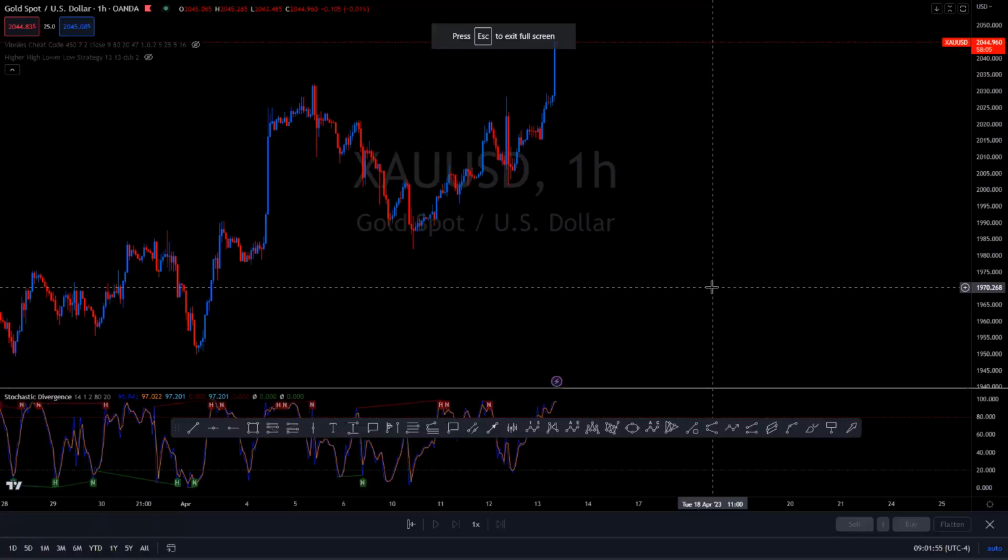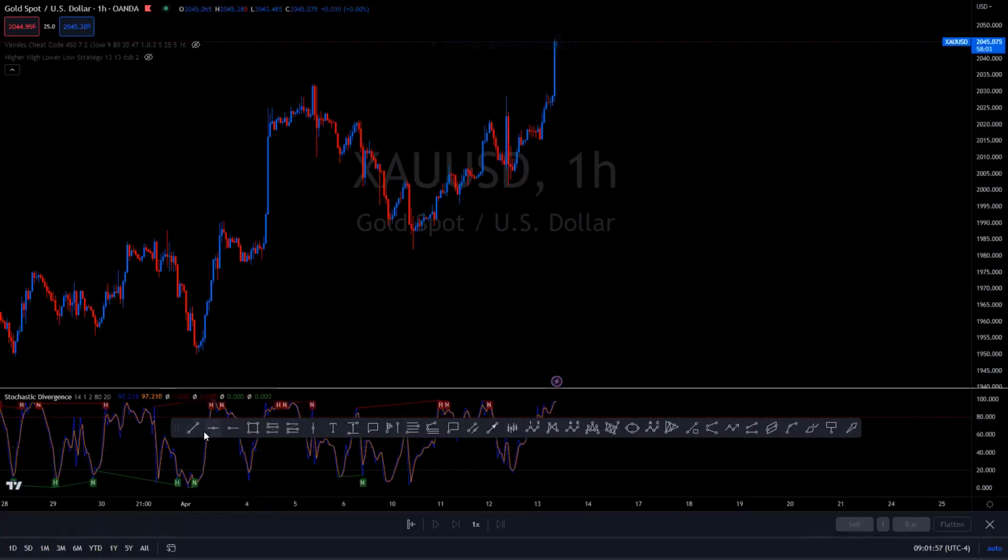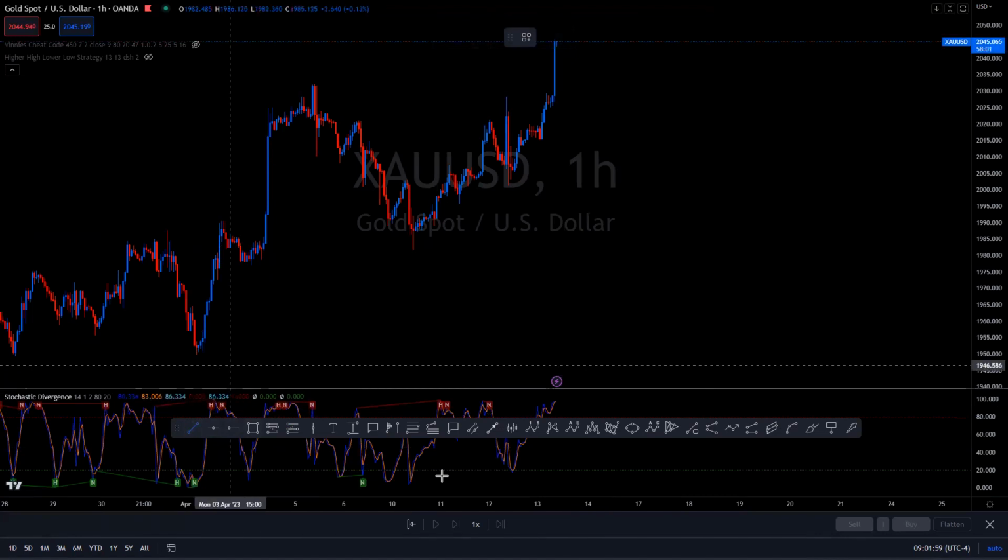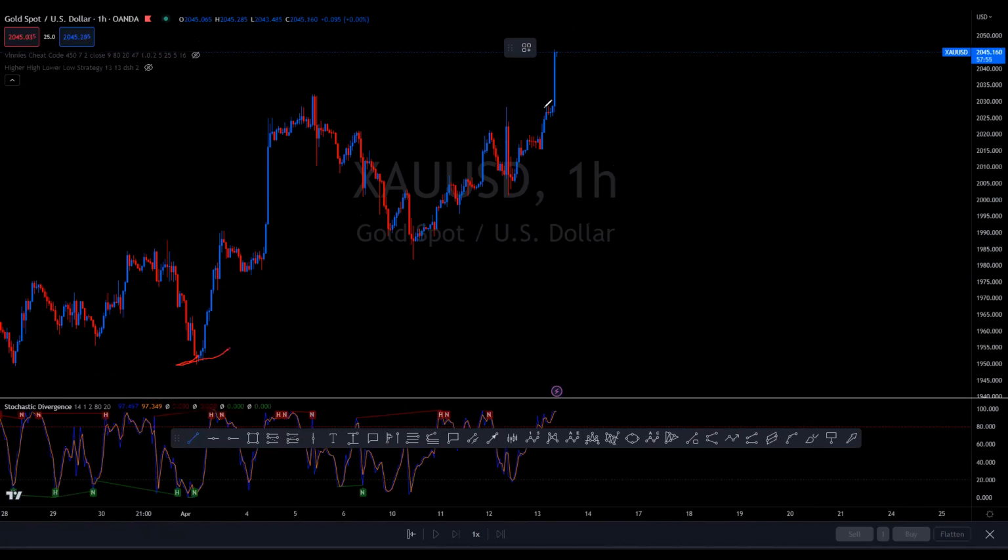As we can see, price is definitely overall bullish. How do we know? From this swing low, there's definitely an upward motion. We're going to say that price is overall bullish.